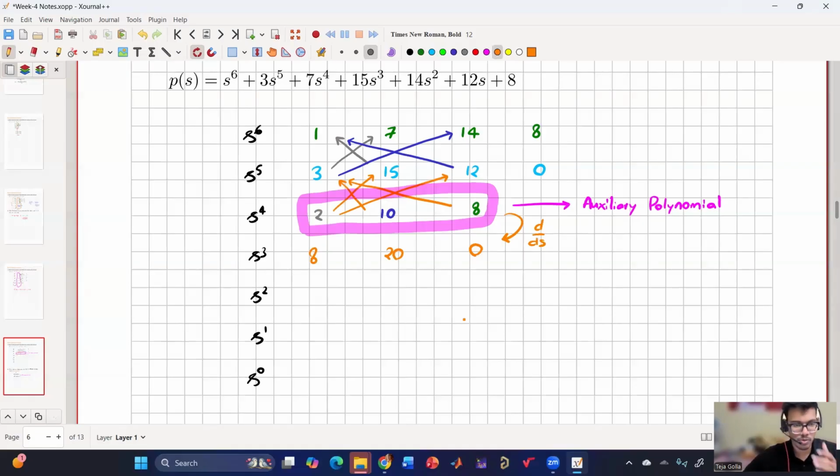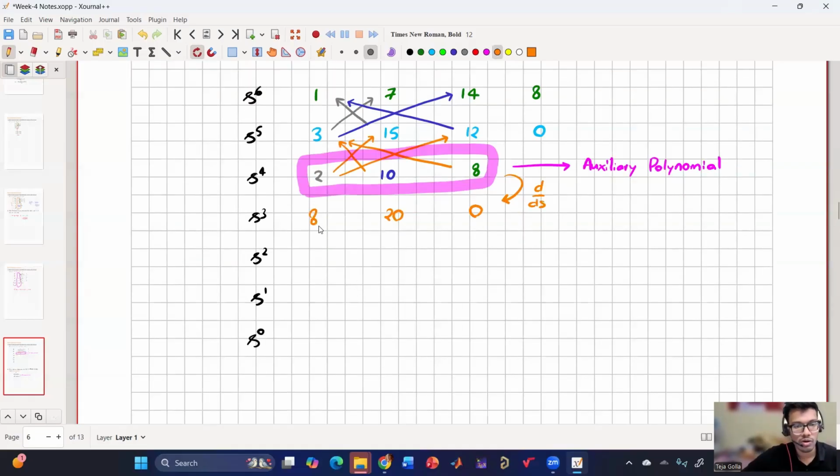So now let us proceed further. Now 8 into 10 minus 2 into 20 by 8. So we have 80 minus 40 by 8. What is the value? 5. Now for the next value, because this is 0, I can take the above number and directly put it: 8.